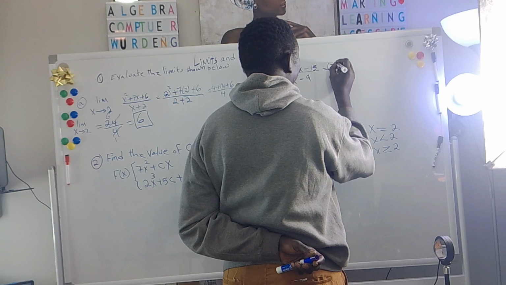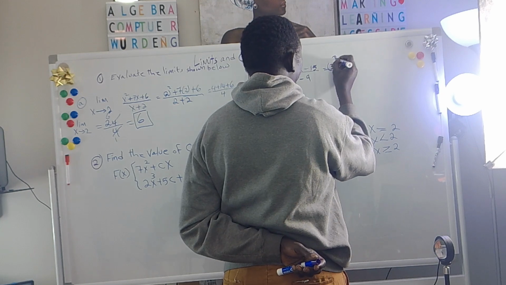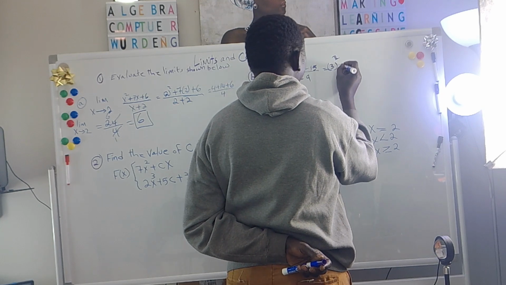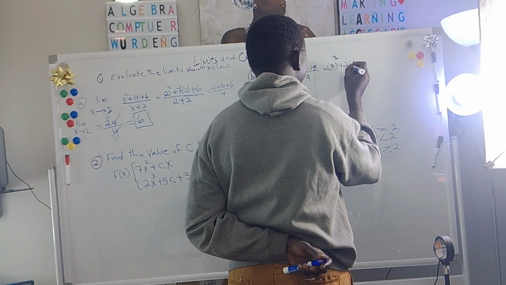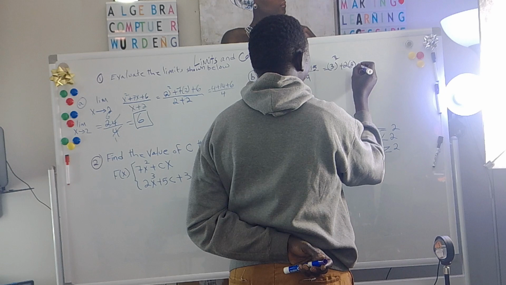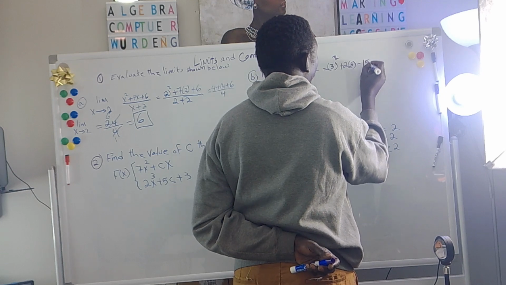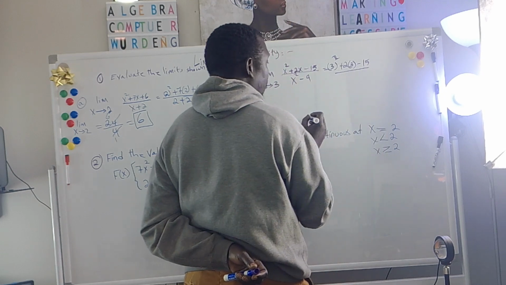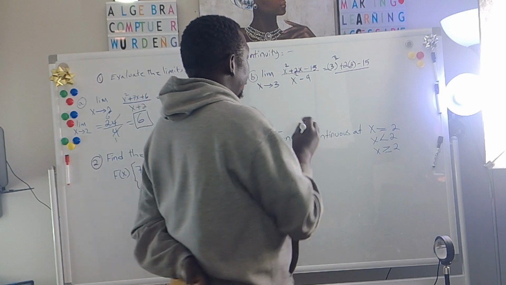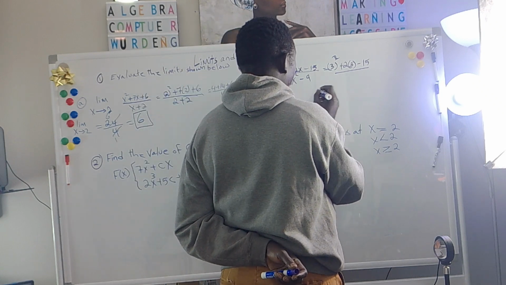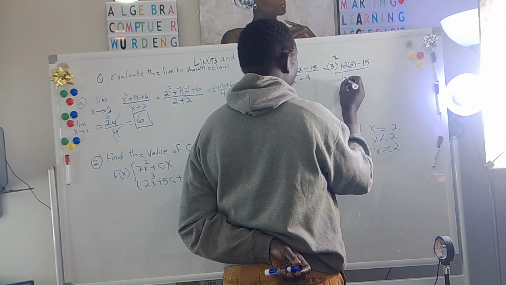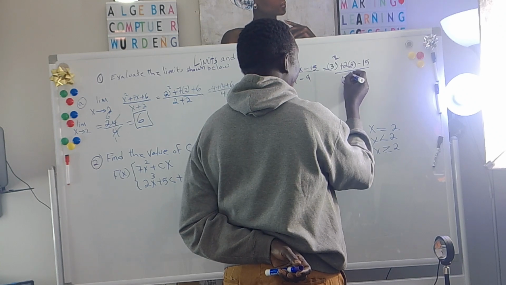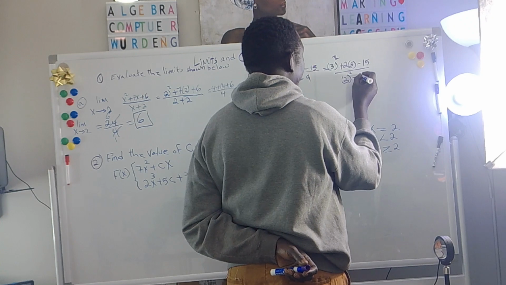It would be 3 squared plus 2 multiplied by 3 minus 15, divided by 3 squared minus 9.